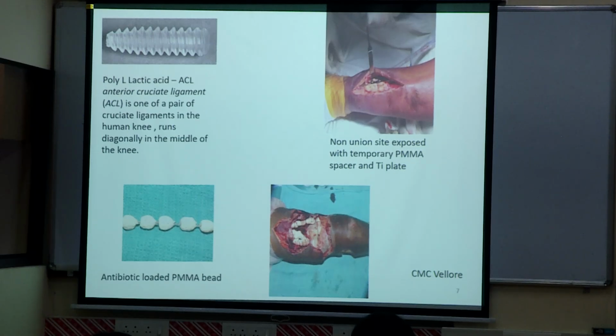So if there is an infection in some area, you keep these beads there, the drug gets slowly released, thereby they keep the infection away. So for example, if somebody has a fracture and there is a big opening and a wound is there, so bacterial load is very high, so they have to kill the bacteria.